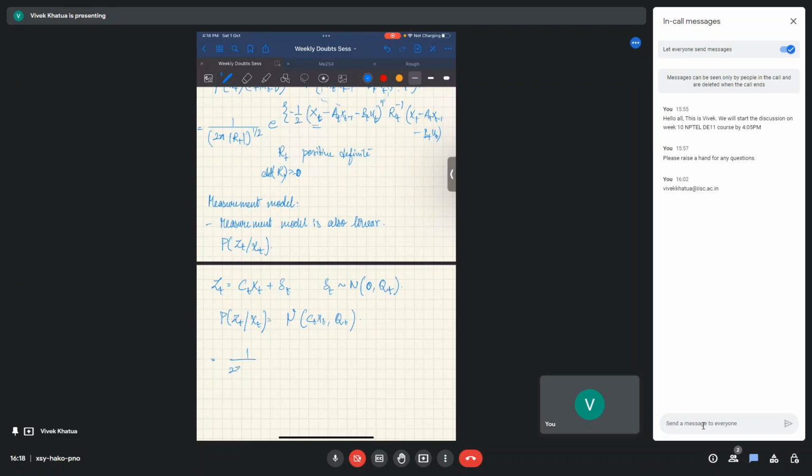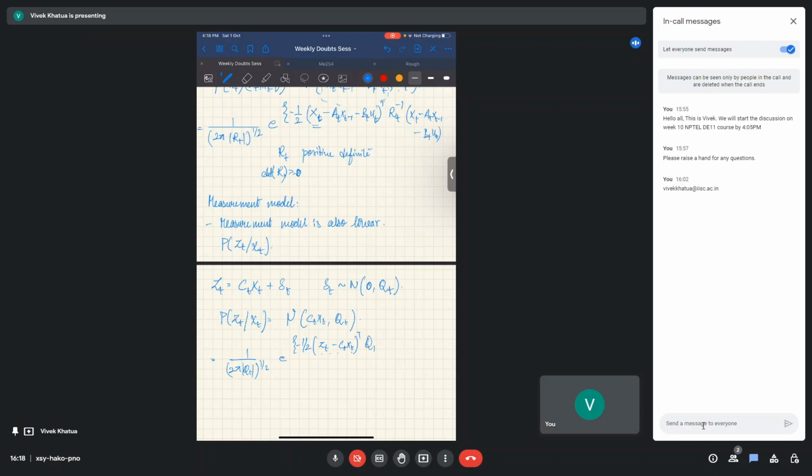1 by the square root of the determinant of 2 pi Qt, exponential minus half times zt minus Ct xt, the whole transpose. Here you can see that there are multiple states. Because of those multiple states, it's a vector and we are taking the transpose of that vector.